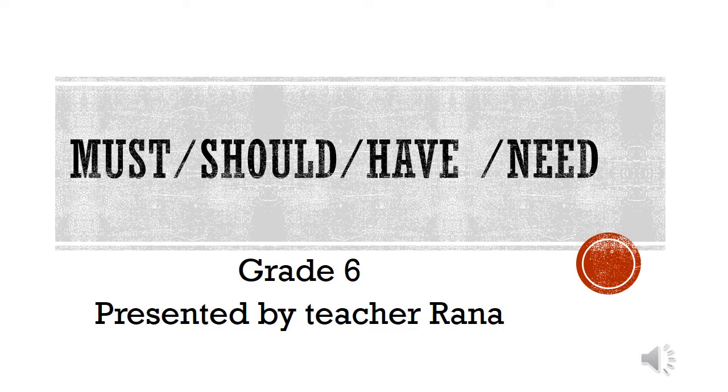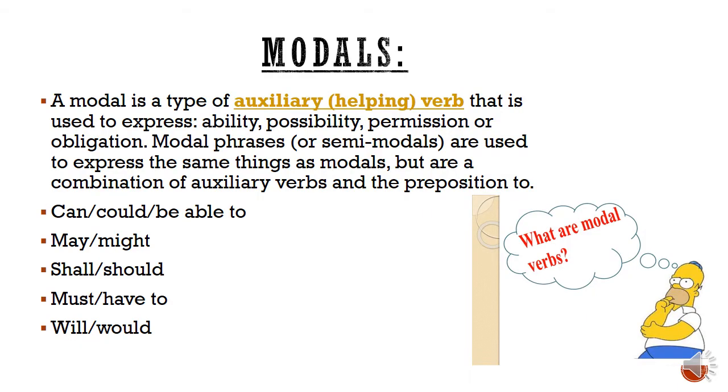So let me start. First of all, what are the modals? Modals are helping verbs that we use to express our abilities, or to express possibilities or permissions or obligations. Now, modal phrases or semi-modals are a combination of auxiliaries or helping verbs plus prepositions.